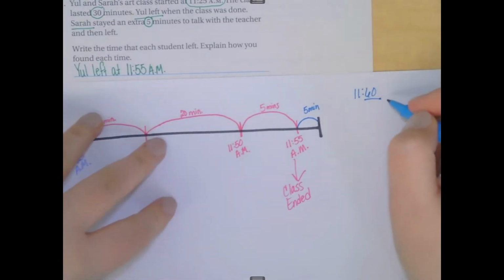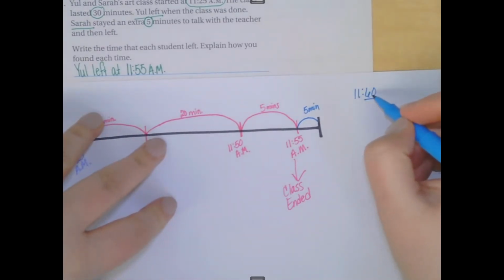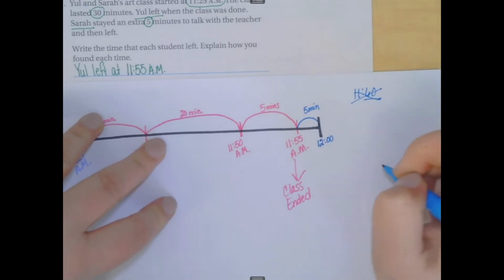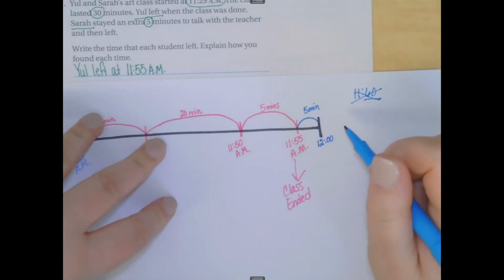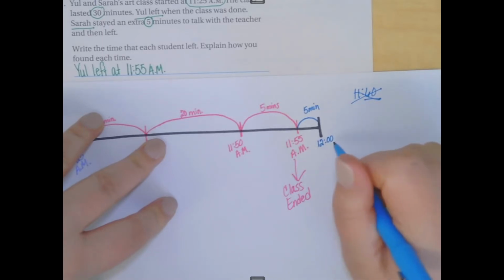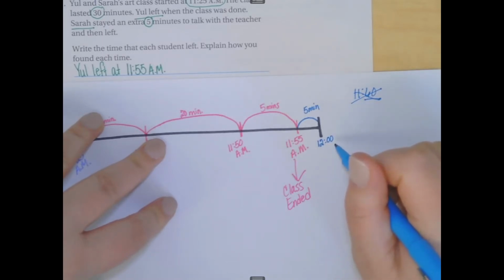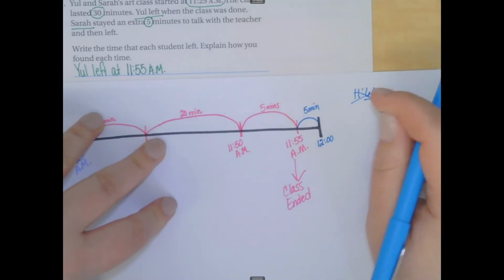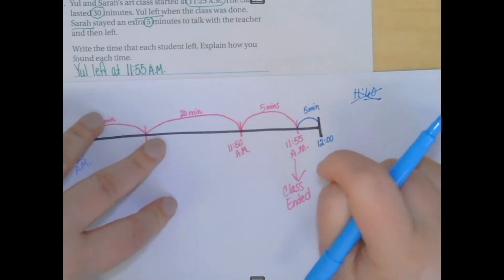The next hour is 12. So after 11:59, we go to 12. Now wait a minute, is it 12 a.m. still? No, when we have lunch in the middle of the day, which is noon, it's p.m., post morning, because you have lunch after morning, right?